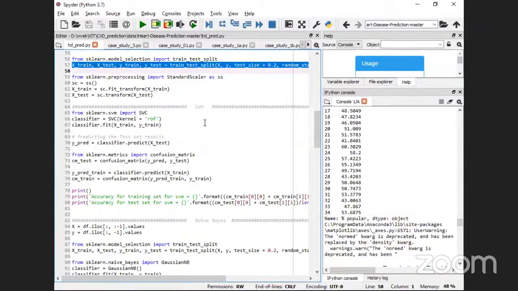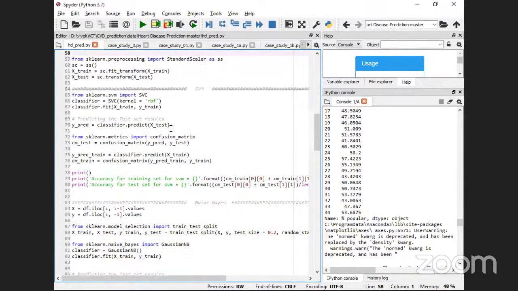For all of this, you have predefined libraries. You need not write the code, only with minimum effort. When you consider the SVM classifier used here, you need to define the kernel, which type of kernel. Likewise, only minimum input you need to provide.